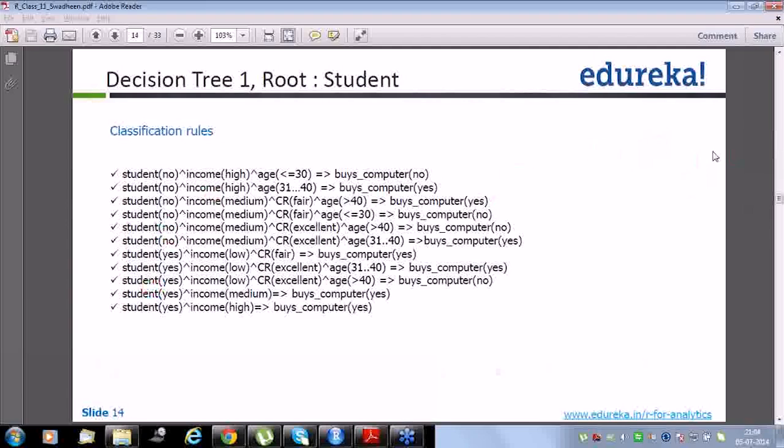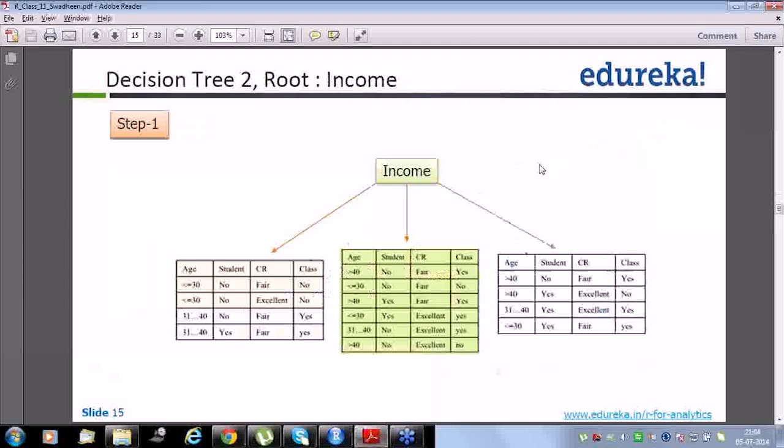But what if we started with a different root? In this step we tried to explain the same data set using a decision tree by taking income as a root node. Income has 3 categories: high, low, and medium. So we start with 3 branches.